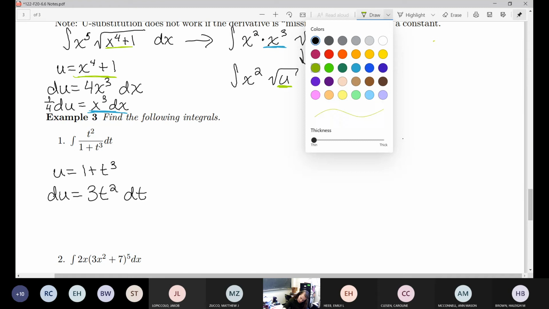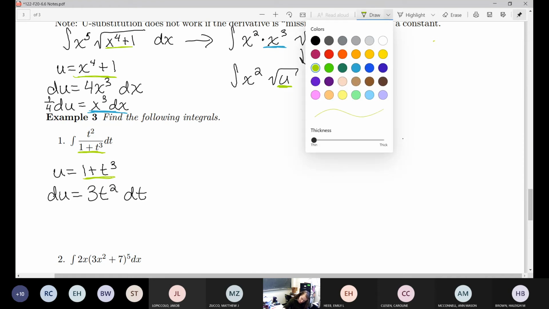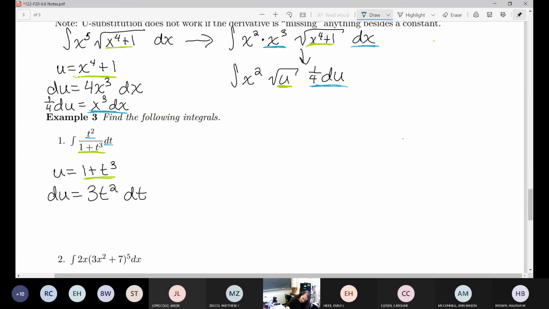So if we start thinking about what's going to be replaced here, we're going to replace the denominator with u. And then we have a t squared dt. Well, that did come up in our derivative, so it looks like we picked the right u. And the only thing that's in our way is this 3. So we can just bring that over to the other side as a 1/3. And then just be left with the t squared dt that we'll use to replace.